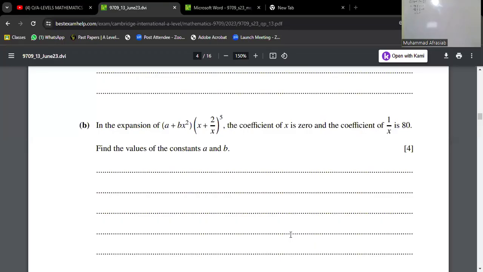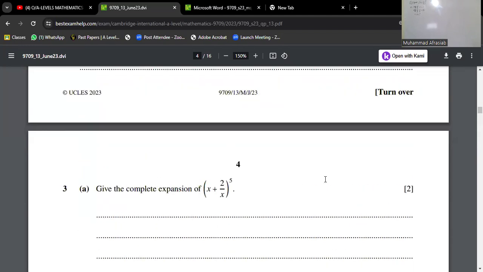Now the next question, number 3. Expand fully x plus 2 over x, power 5.